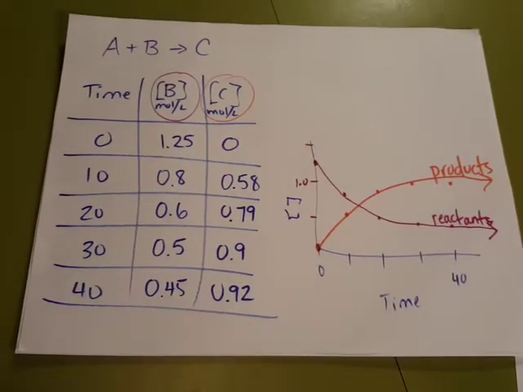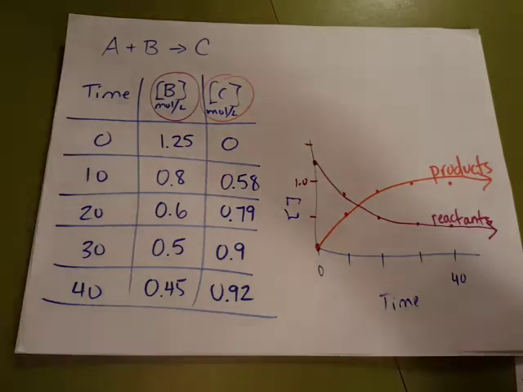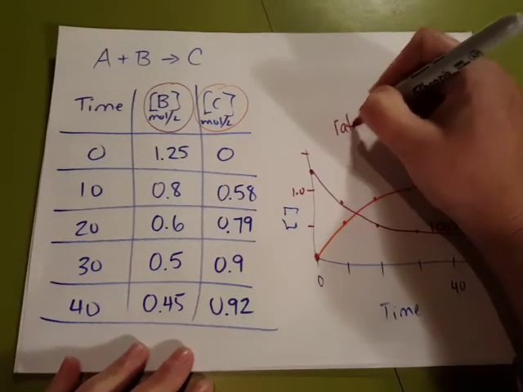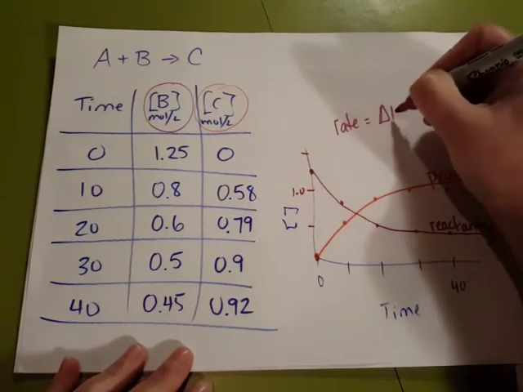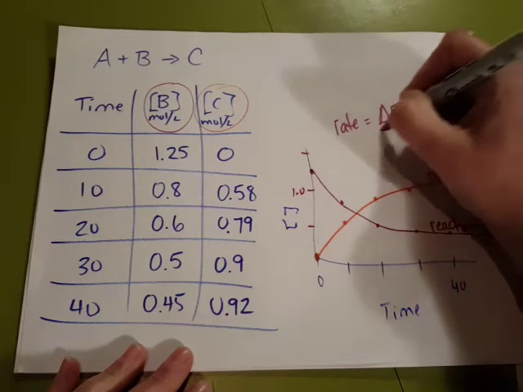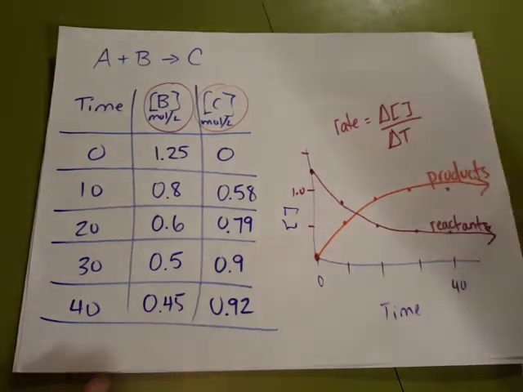So we want to talk about the speed of that reaction. And in order to do that, we want to talk about the change in concentration over a change in time. So rate is going to be a change in that concentration over a change in time.